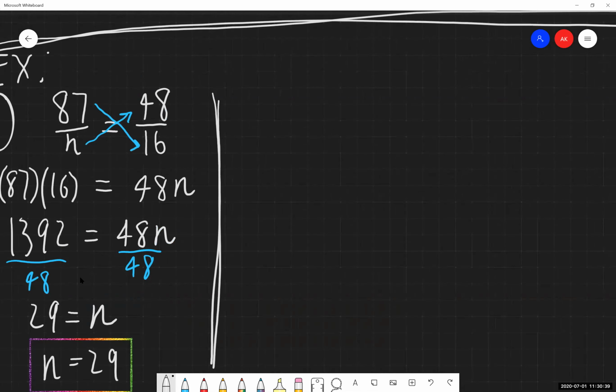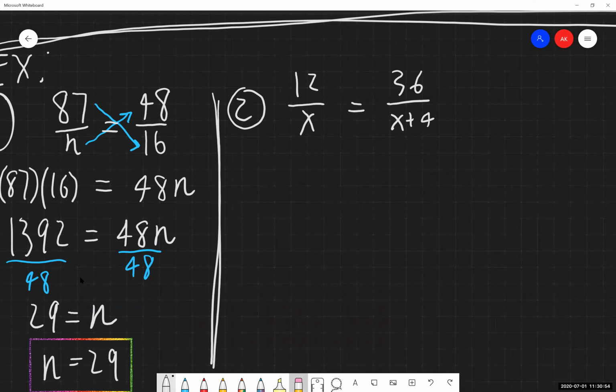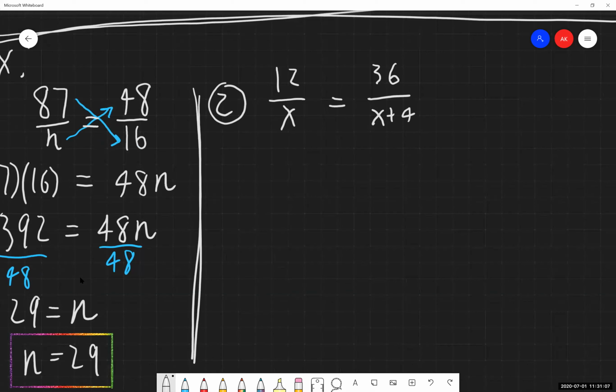So our second example, we were given 12 divided by x is equal to 36 over x plus 4. Better 36 there, did not like that 3. There we go. In this instance, we have a fraction equals a fraction.